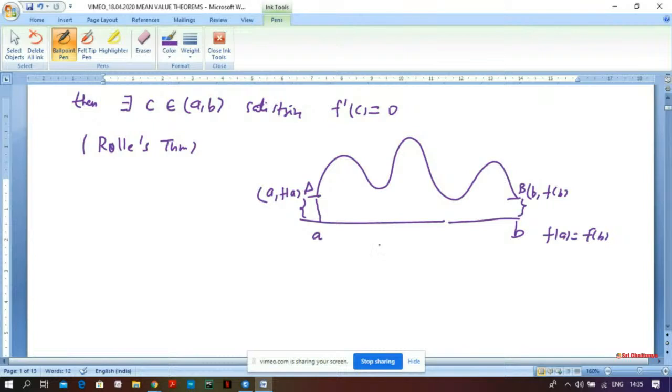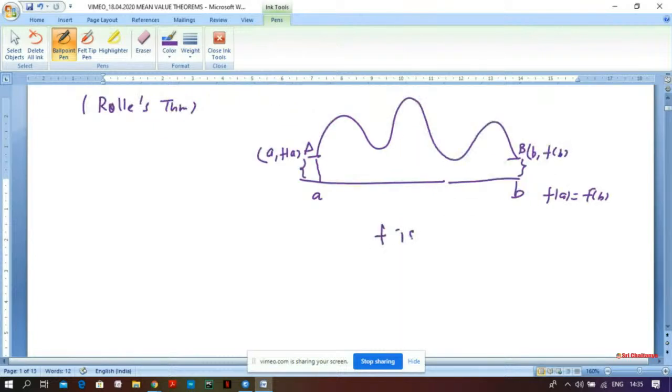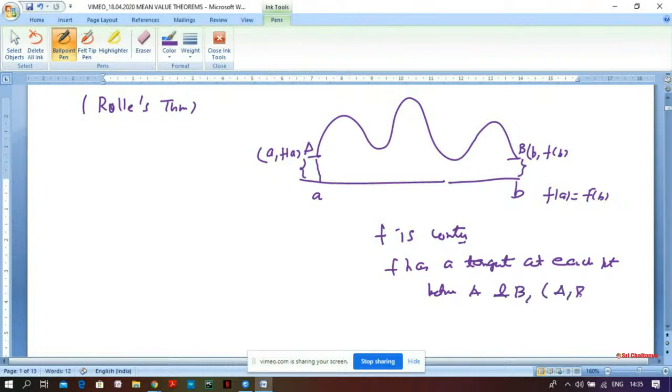So you require that f is continuous, means you can draw the graph, and f has a tangent, so it is smooth in the absence of sharp corners. Then the theorem says that f'(c) is 0.